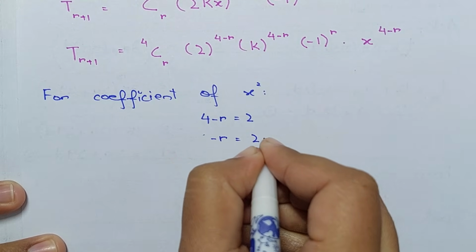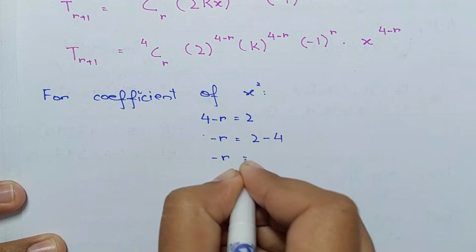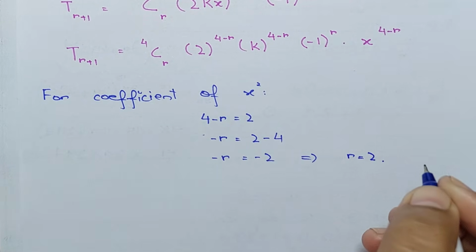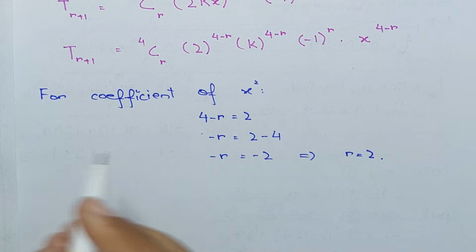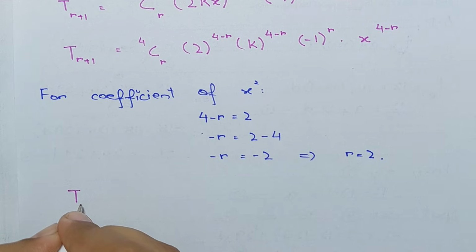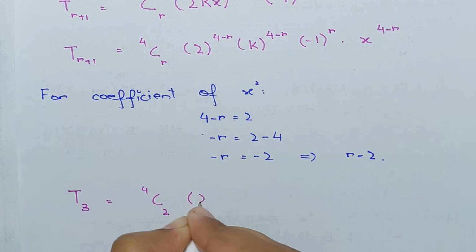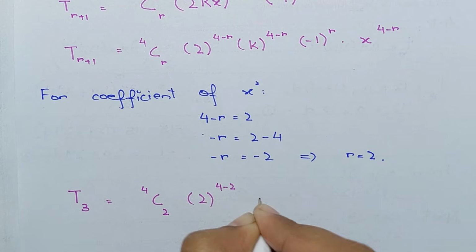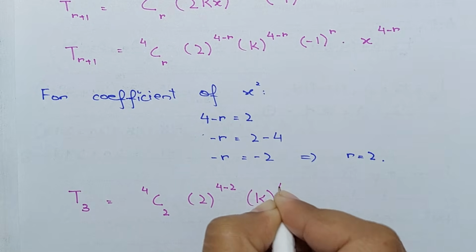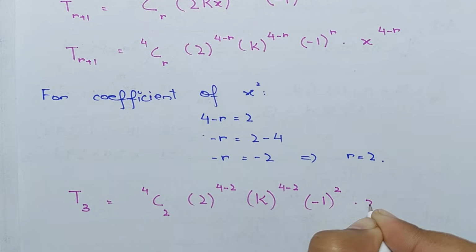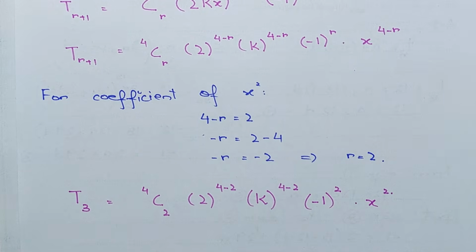Minus r is 2 minus 4, so minus r is negative 2, and from here the r value is 2, right? So when r value is 2, we have T(3), 2 plus 1 is 3, equal to 4Cr, 2 to the power of 4 minus r, k to the power of 4 minus r, minus 1 to the power of r, and this is x to the power 2.